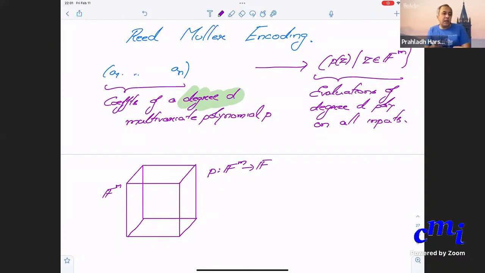There I checked whether it was a Hadamard encoding. Here I have to check whether it is an encoding of a degree D polynomial.